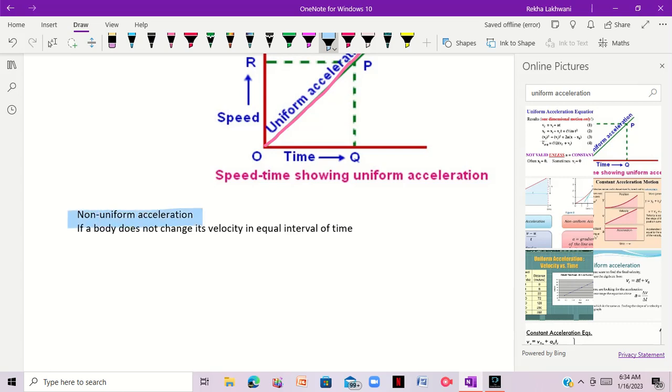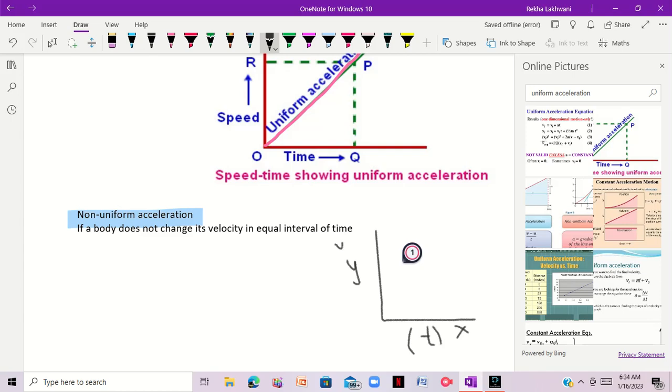So what about the graph of non-uniform acceleration? Let me draw it by myself. It's quite easy, right? So here I'm having this axis. This is known as the x-axis, and this is the y-axis, and on the x-axis we put a quantity which is independent. So over here we'll put time, which is basically independent of anything, and here we'll put velocity.